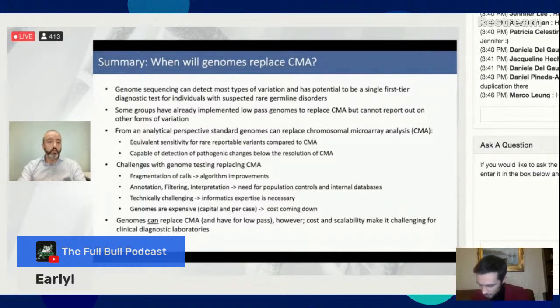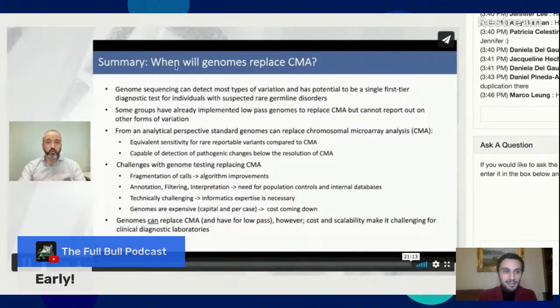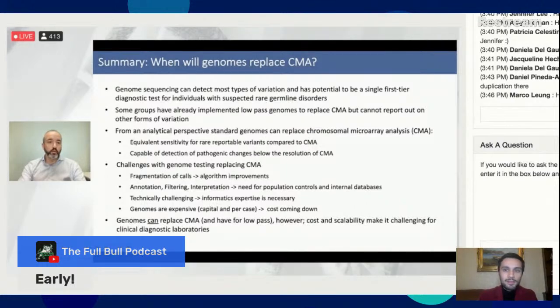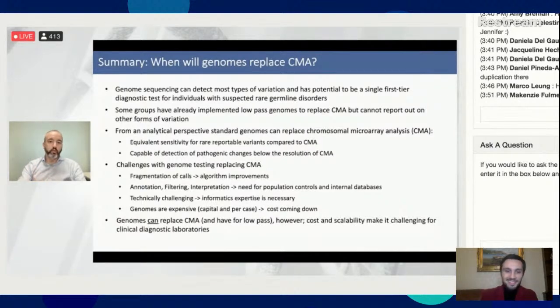Just in terms of annotation, filtering, and interpretation, we certainly need a lot of population controls. Internal data using the exact same methods that you've used to call your CNVs is the most effective way to filter out variants. You're essentially creating a noise database that will get rid of common variants and artifacts.